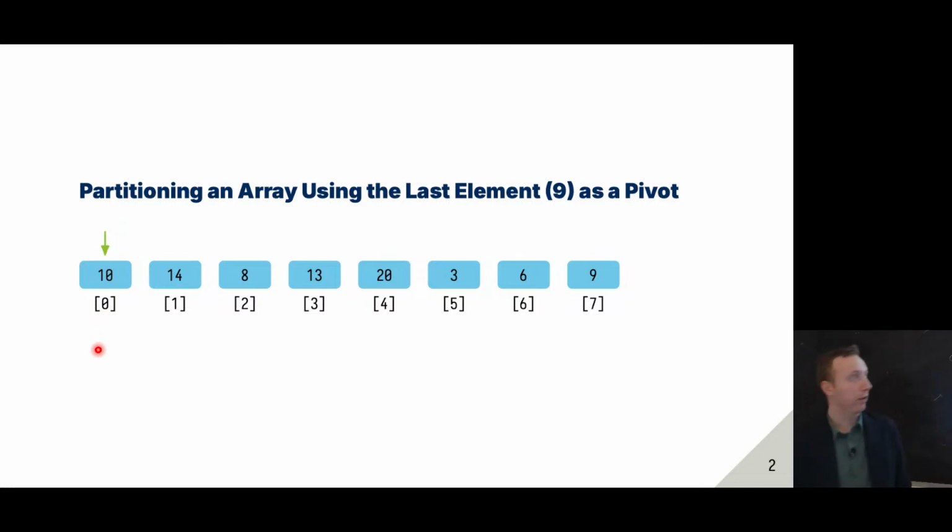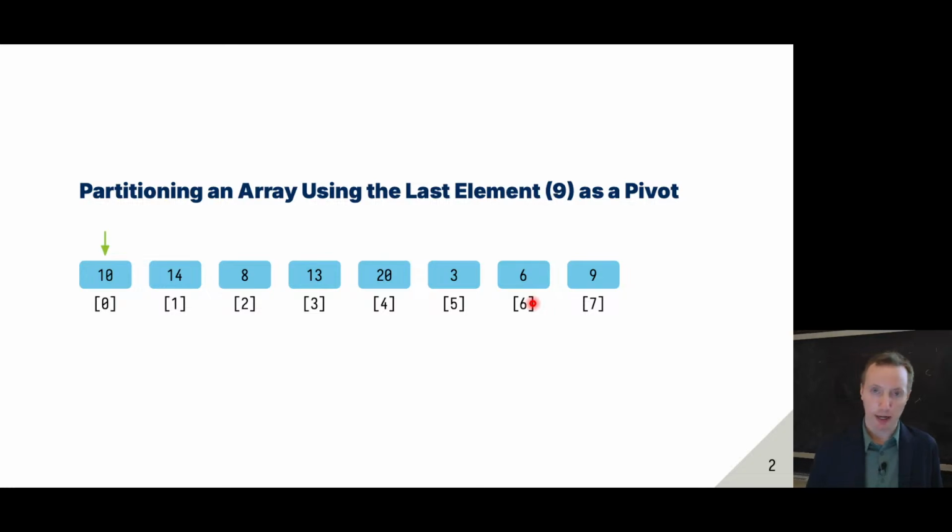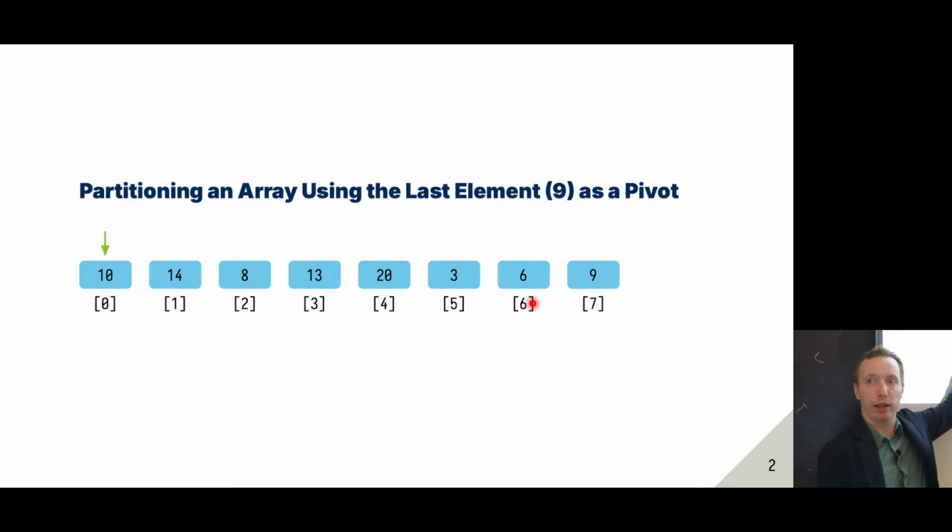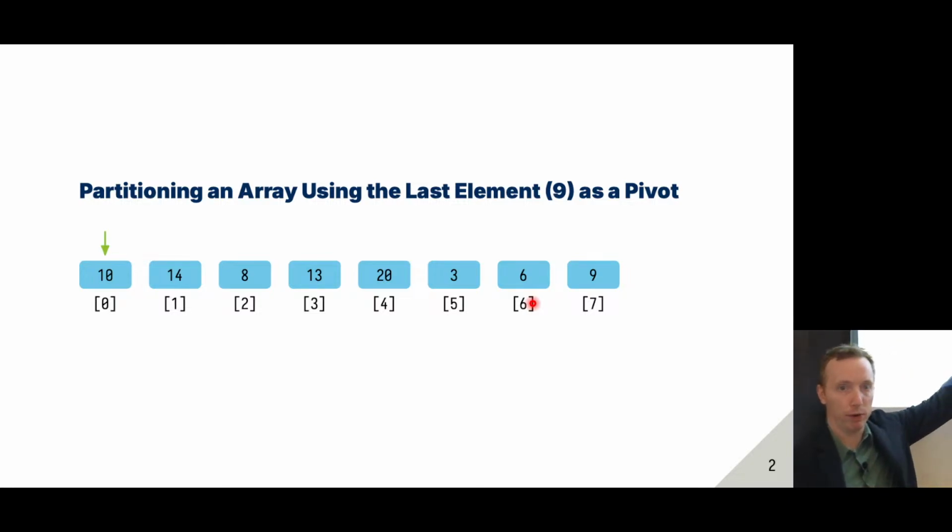So how this will work is we will iterate over every single element not including the pivot, and if the value is less than the pivot, we're going to swap it to wherever the green arrow is pointing, and then move the green arrow 1 over to the right.